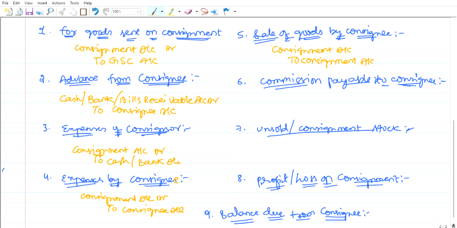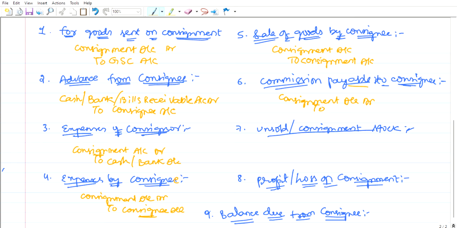And the commission payable to consignee is like an expenditure for the consignment business. So we can debit the consignment account to consignee account. Here we make the consignee as a creditor because we have to pay the expenditure incurred by him on behalf of us, right?